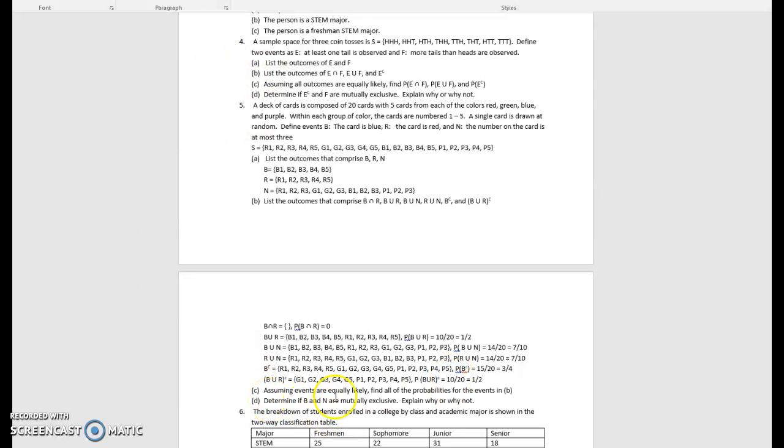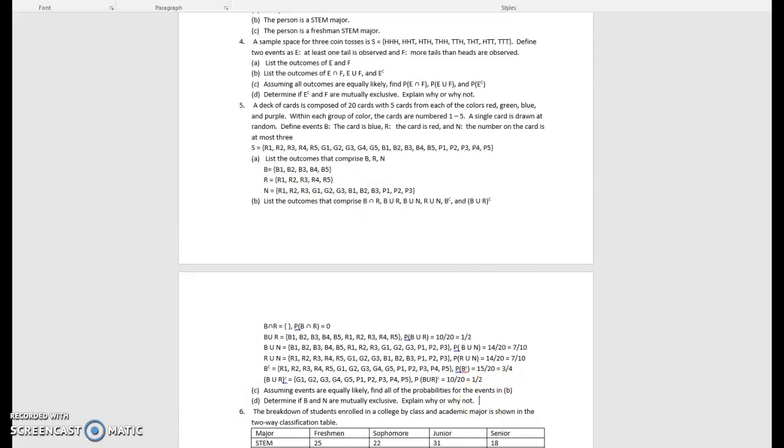Determine if B and N are mutually exclusive. Now remember that 2 events are mutually exclusive if they have nothing in common. So let's look up here and let's notice that B and N have the elements B1, B2, and B3 in common. So they are not mutually exclusive.